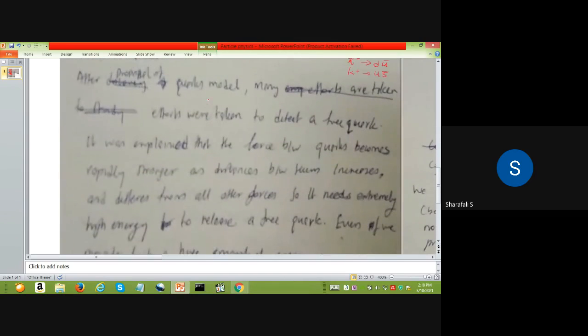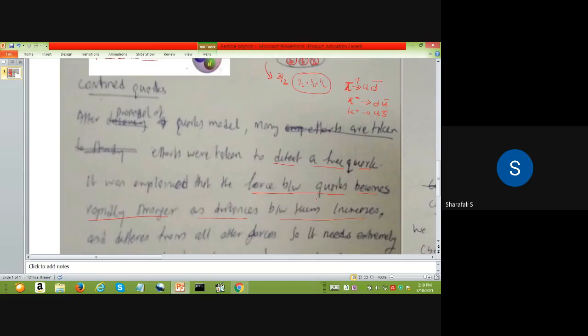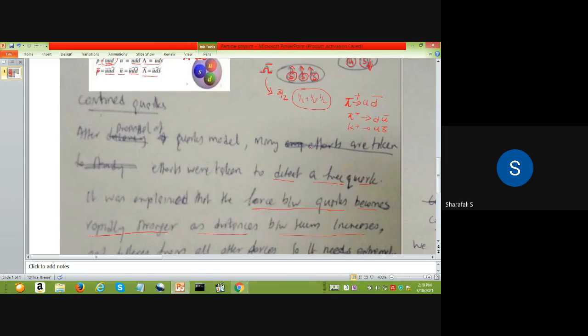After the proposal of the quark model, many efforts were made to detect a free quark, but it was explained that the force between the quarks becomes very strong as the distance between them increases.